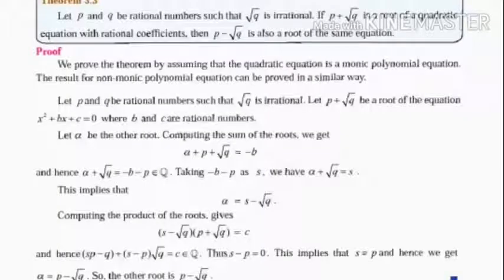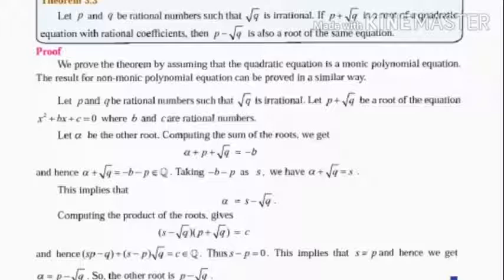Next theorem: let p and q be rational numbers such that root q is irrational. If p + root q is a root of a quadratic equation, here we do not have a real part and imaginary part; instead, one value is rational and the other is in the form of a root, that is irrational.